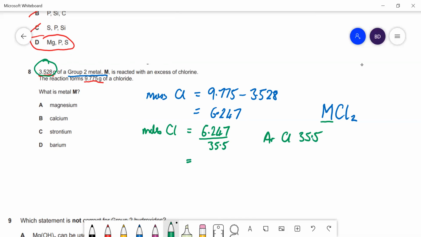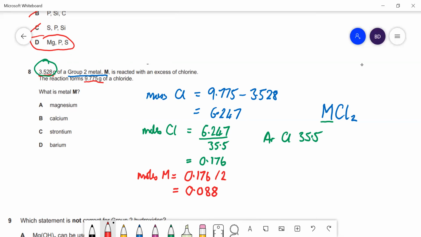That gives us the number of moles of chlorine we've got there is 0.176. So we can say the moles of the metal is going to be half that. 0.176 over 2, which is equal to 0.0879. 0.088, we'll say, so it rounds up.